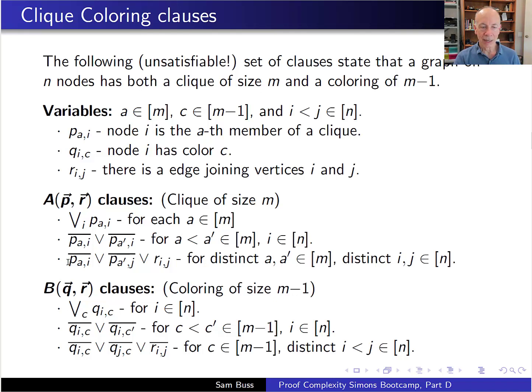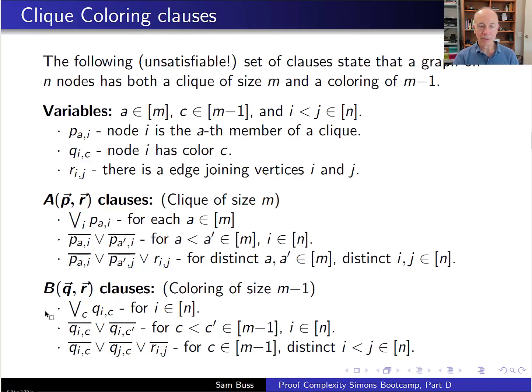And the third type of clauses are not PAI or not PA'J or RIJ. And this says that if I is the A-th member of the clique and J is the A'-th member of the clique, A is not equal to A', then there's an edge, that's RIJ, from vertex I to vertex J. So if these clauses are satisfied by some assignment, then we have a clique of size M.